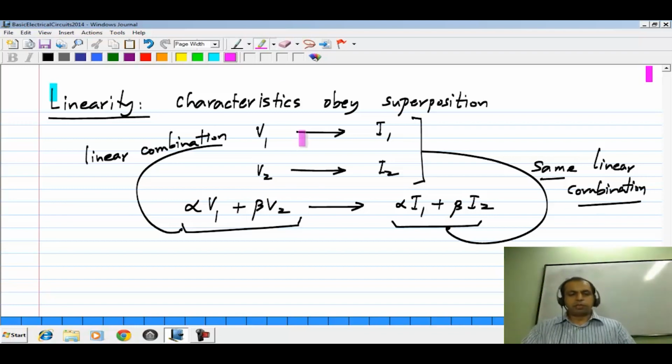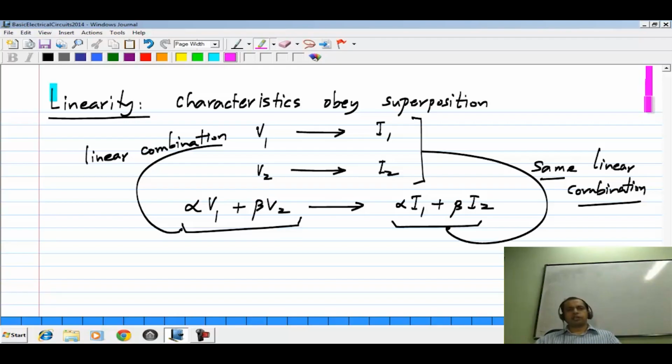So this obviously means that if you double the value of V1, you will get double the current. If you make the value of V1 half of what it was before, it gives you half the original current and so on. Now of course I have taken voltages and currents here, but this is a general property that can be applied to systems.